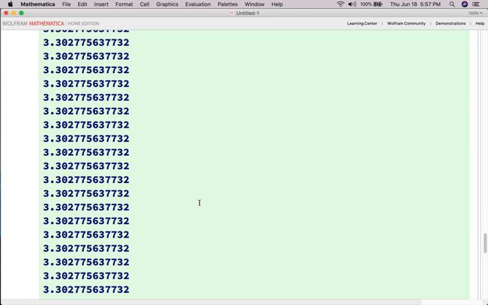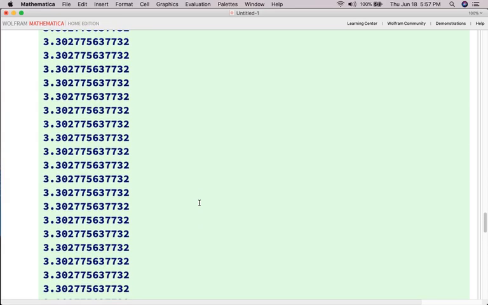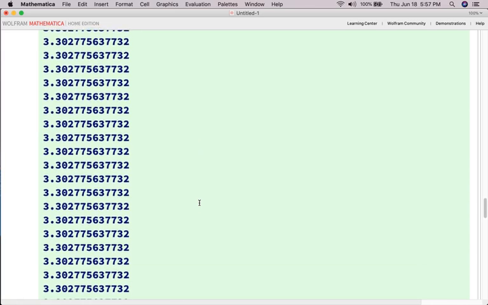But you can see that as the number of iterations increases, the difference between successive values becomes less and less until finally there's no change at all.